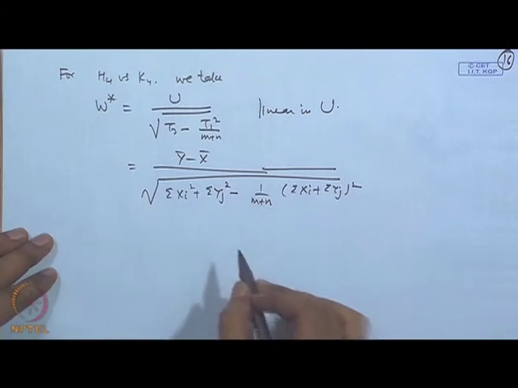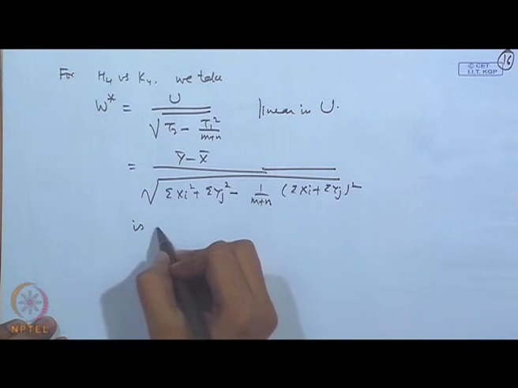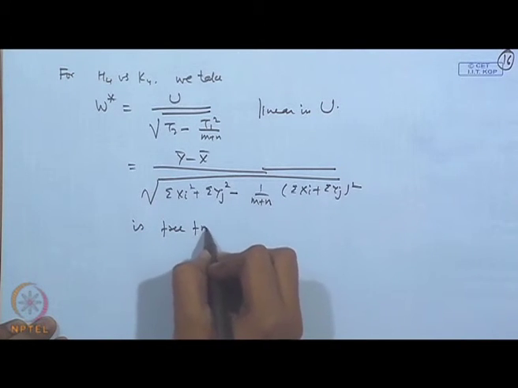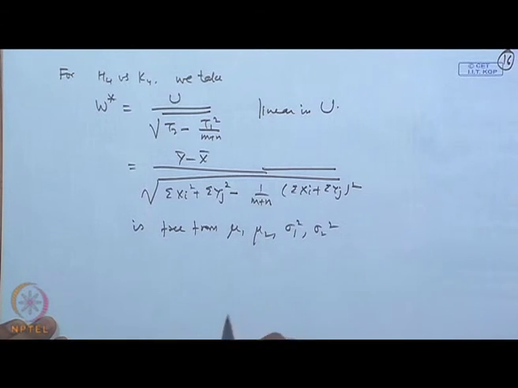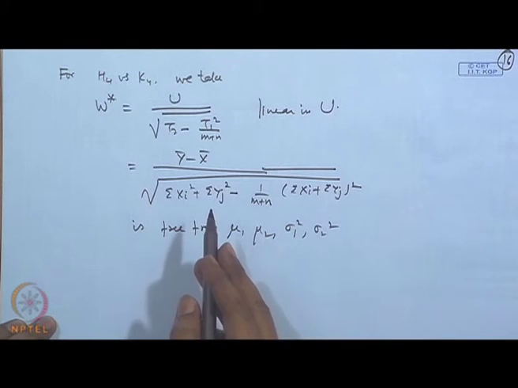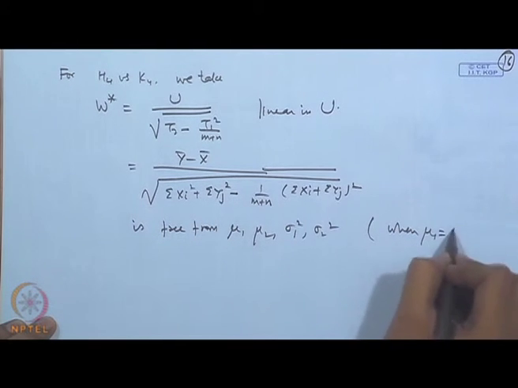So, this term is free from mu 1, mu 2, sigma 1 square, sigma 2 square when mu 1 is equal to mu 2.